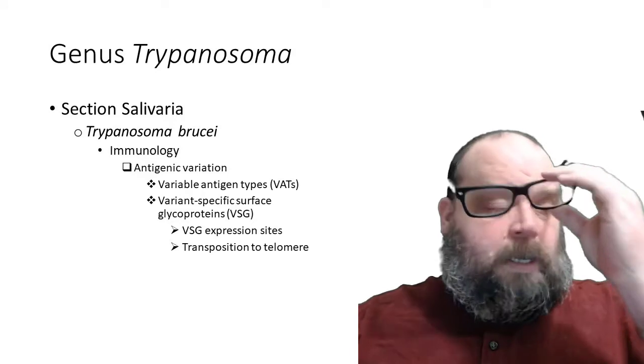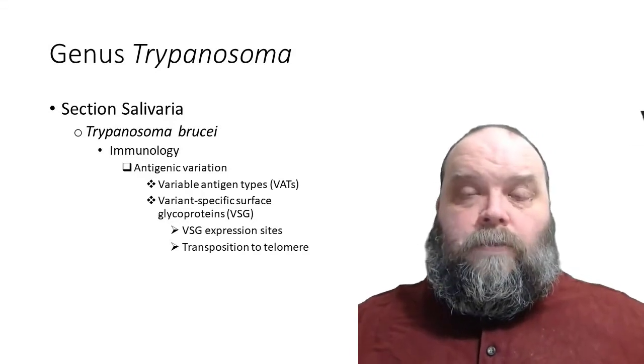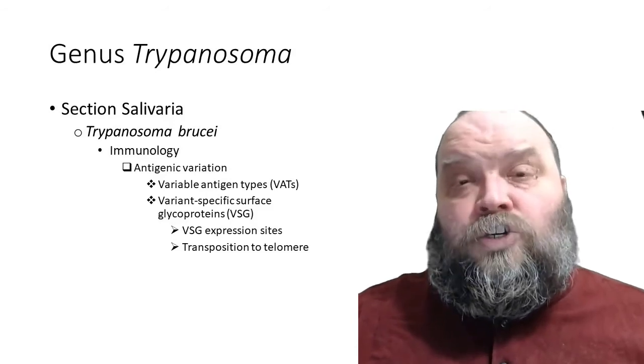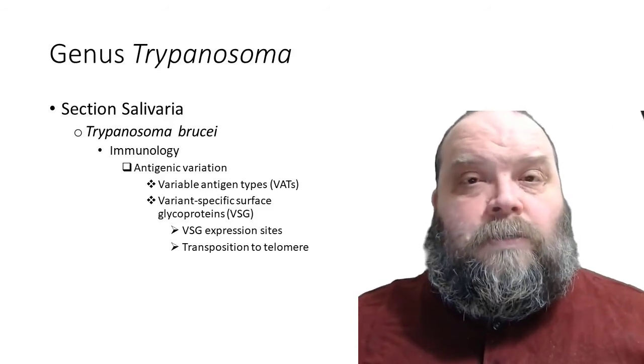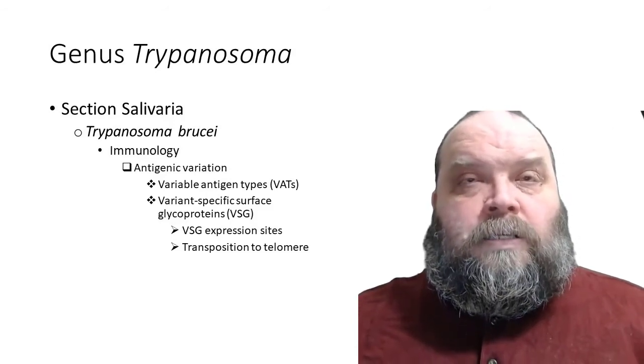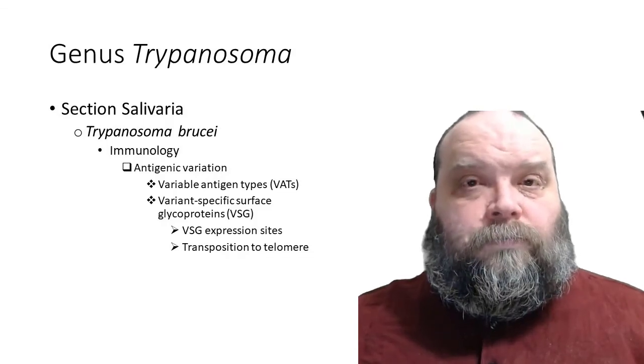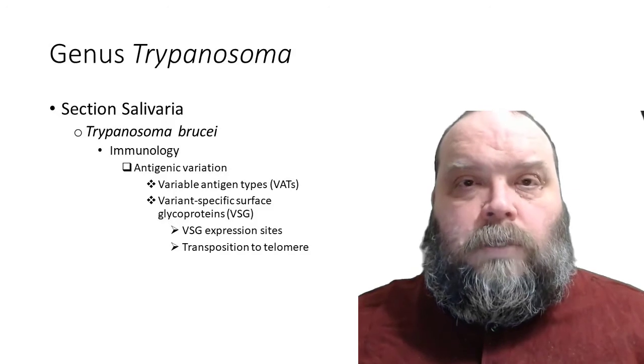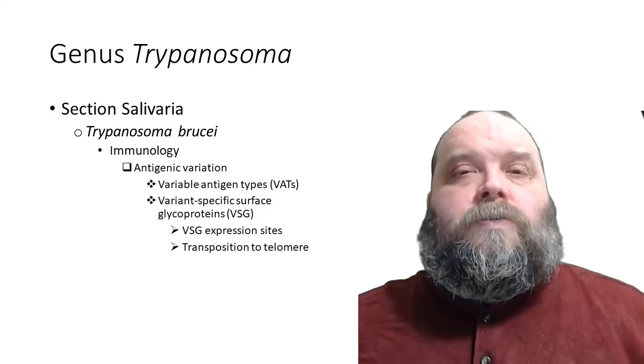Part of the reason why the adaptive immune system, the B cells and the T cells, have an issue with mounting a response is that brucei has the ability to alter its surface antigens.